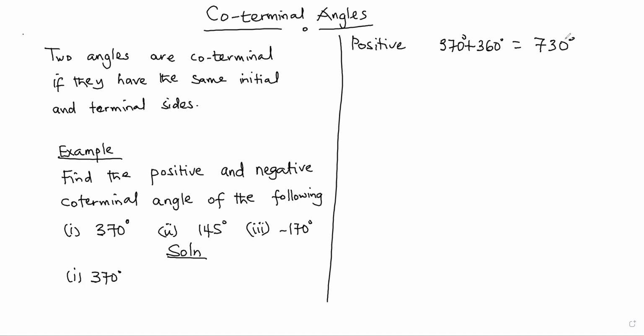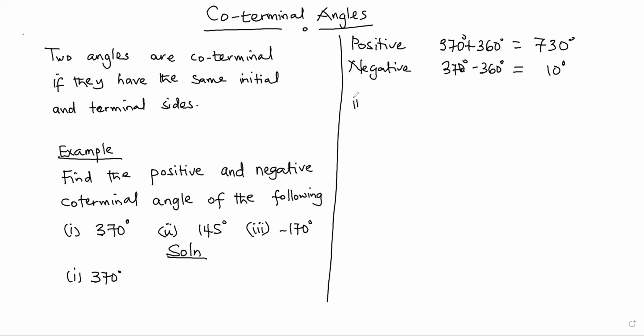So this is the positive. Then we now come to the negative side. For the negative, what we do is subtract 360. One revolution is 360. So 370 minus 360 gives me 10. Okay. So that's for the first one.